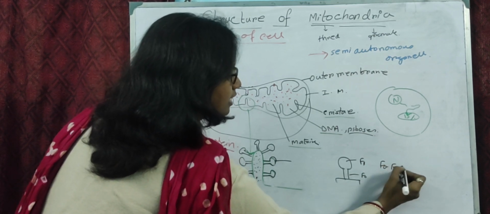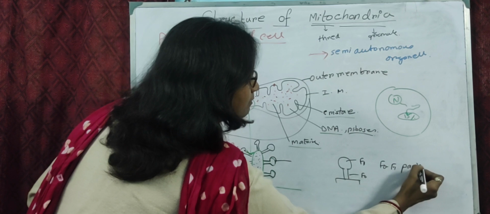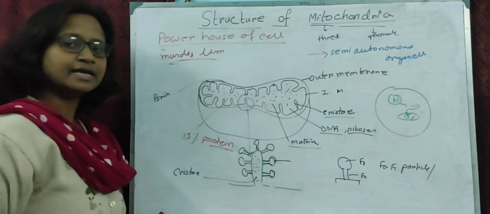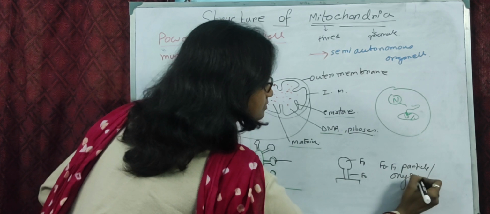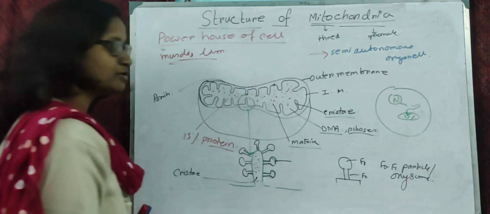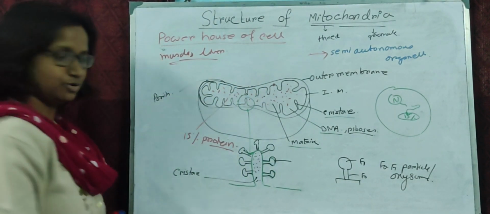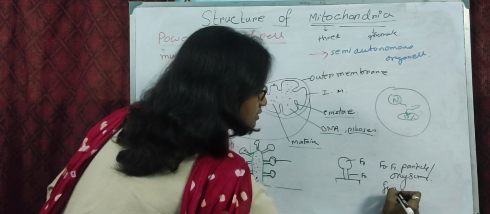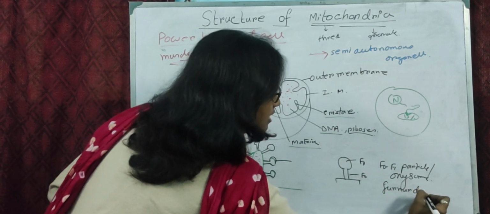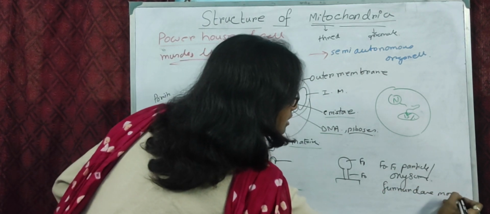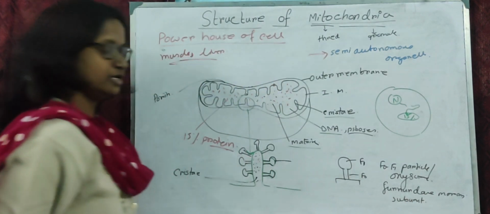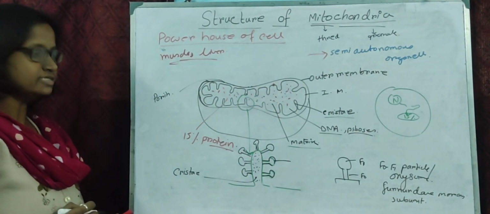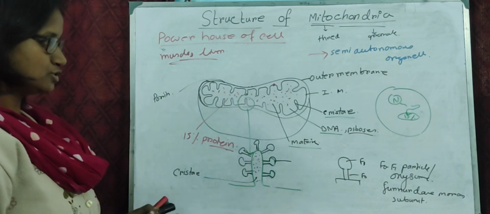The F0 F1 particle has other names. It is also called the oxysome. It has another name, called the Fernandez-Moran subunit. Okay, so let's recap.